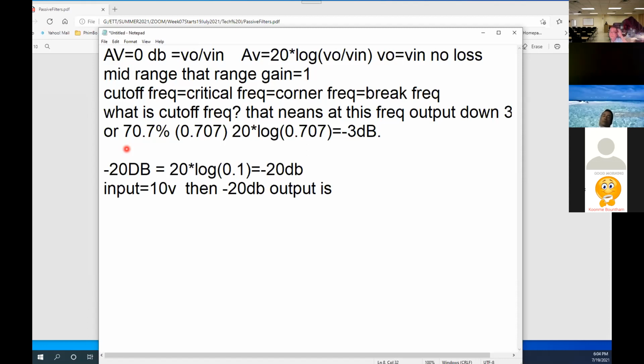You want like 0.001 or something? That means you have to take your 10 volts times what? 0.1. Okay. The thing is 0.1 is equivalent to minus 20 dB. They're telling you the output now will be equal to 1 volt. That's how we do the calculation.